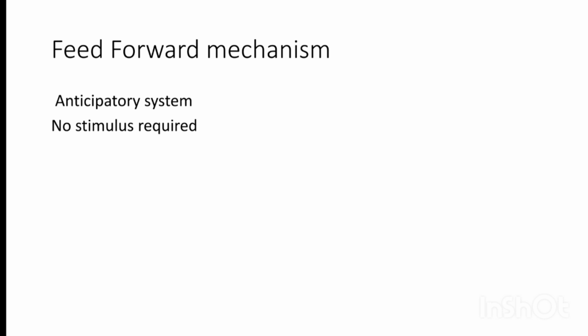For example, let me give you an example. अगर आपने कोई लायन देखा है, लायन आपके पास आ रहा है, तभी आपका टैकिकार्डिया और टैकिपनिया हो रहा है, अभी तक लायन ने टच नहीं किया है. सो ये एंटिसिपेट कर रही है बॉडी कि लायन आएगा. So this is an example of an anticipatory system.